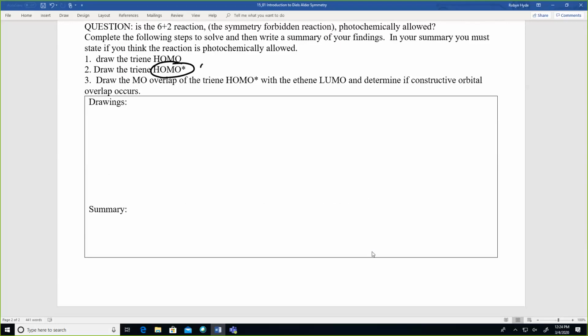Pi 4 star. So for a triene, I have 6 total carbons. I normally fill in 3 molecular orbitals. I'm promoting an electron up, and so which is HOMO star? It is pi 4. So 1, 2, 3, 4, 5, 6.